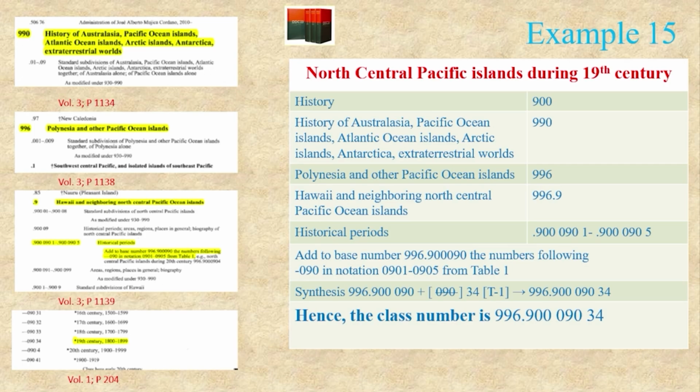Hence, just look at the synthesis: 996.900090 plus 090, that is under bracket and it has been taken out. Then 34, that means you have to exclude this number 09 when we assign the final class number. Hence the final class number is 996.900-09034.